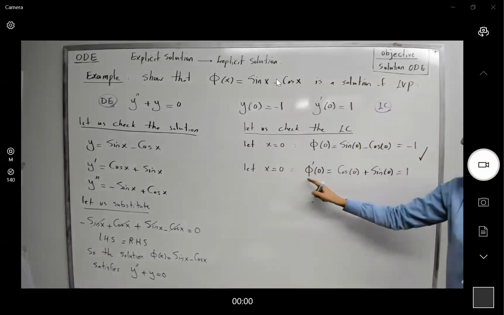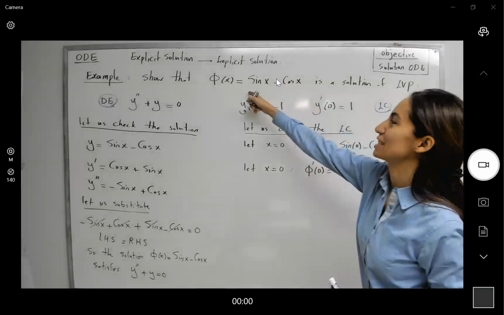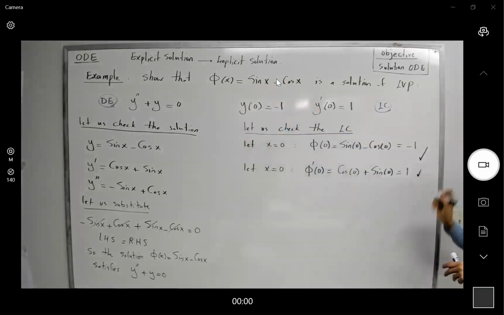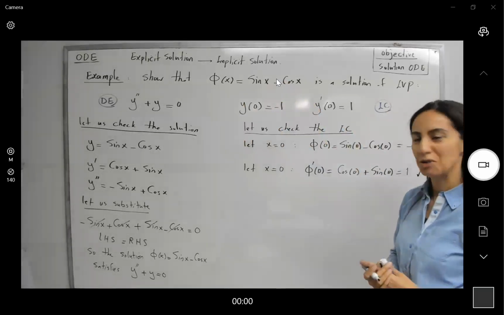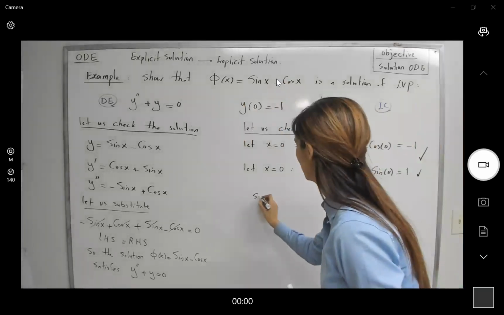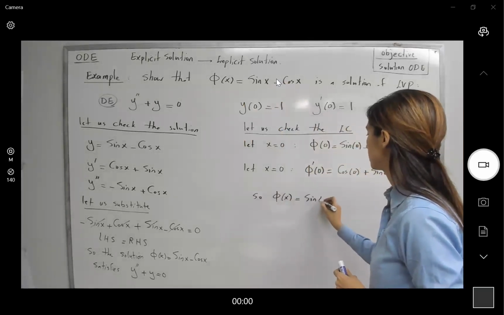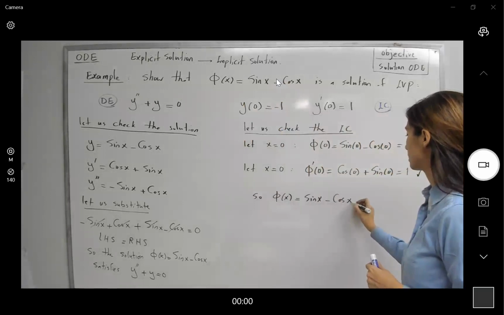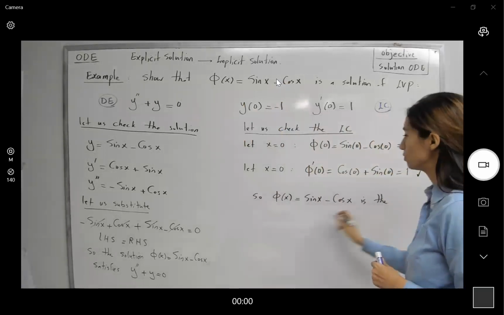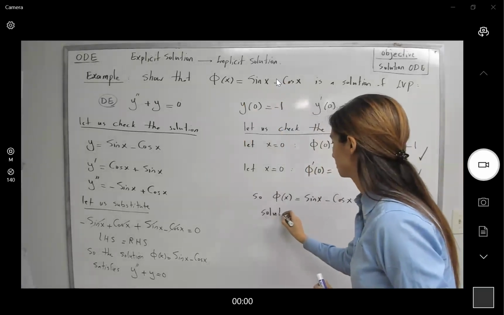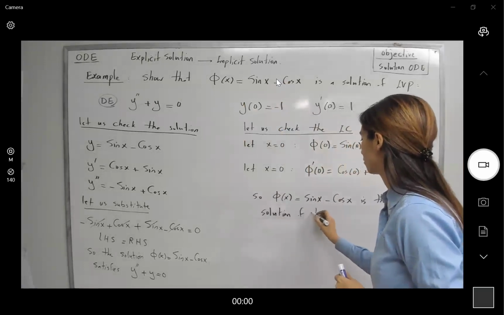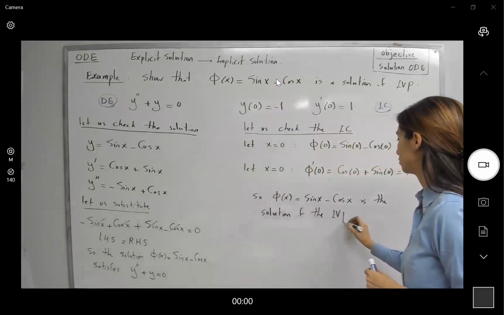So this solution satisfies the initial conditions. It means that we have the solution for the initial value problem. So phi of x equals sine x minus cosine x is the solution of the initial value problem.